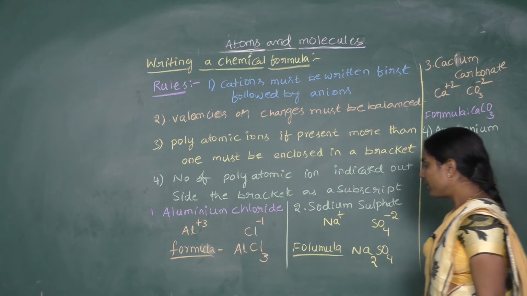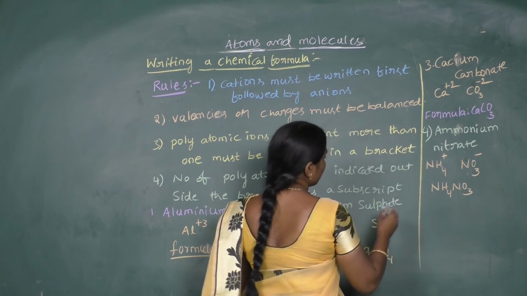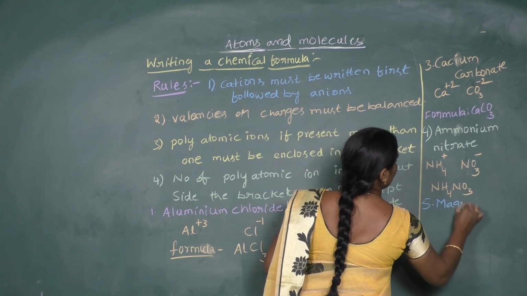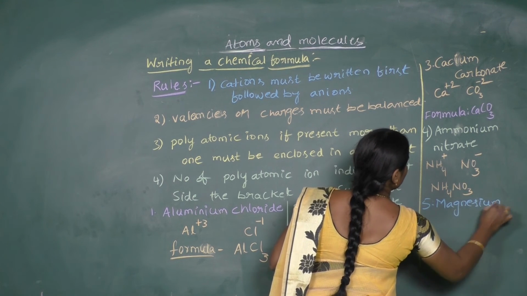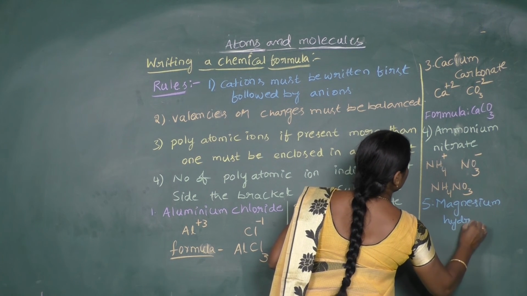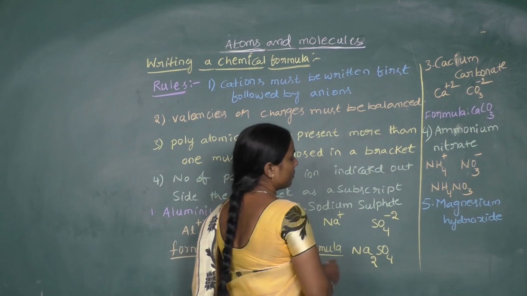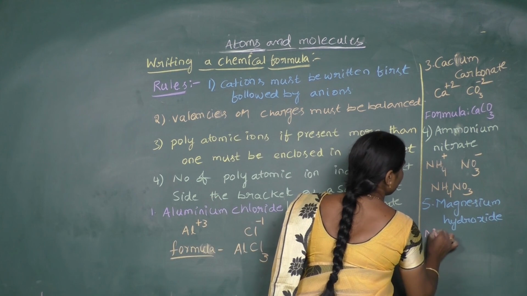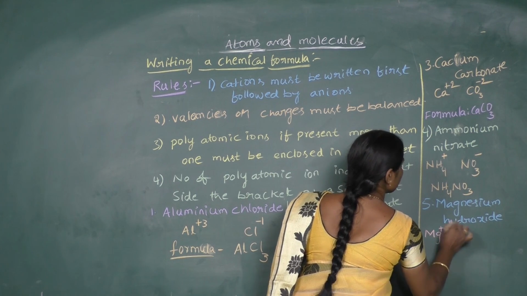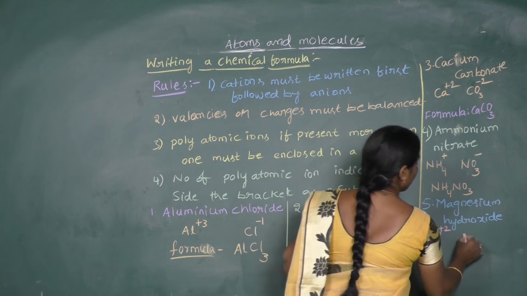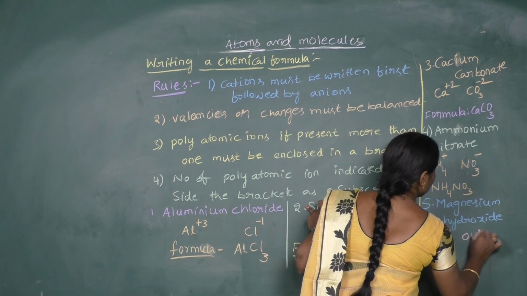Then we are now going to write magnesium hydroxide. The cation present in magnesium hydroxide is Mg+2, and the hydroxide ion is OH-.